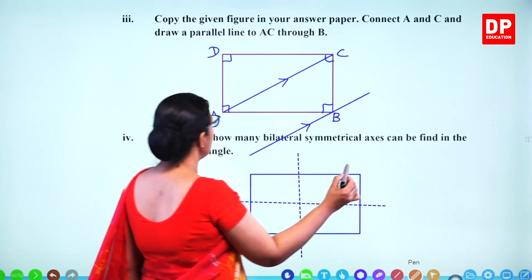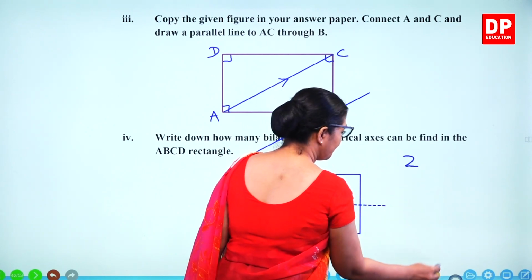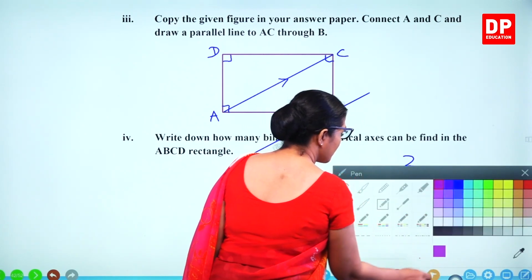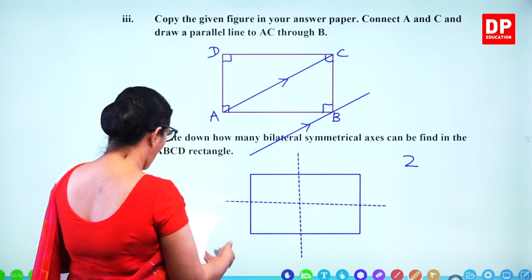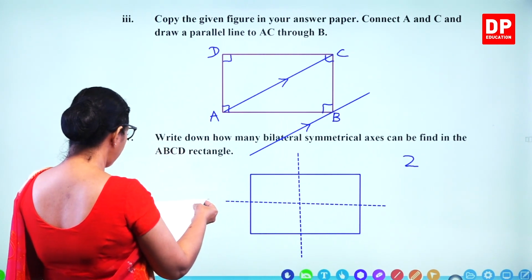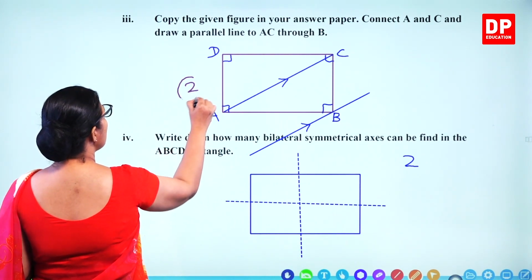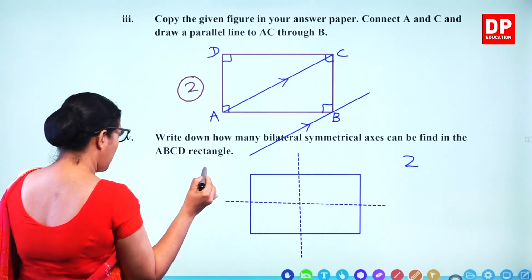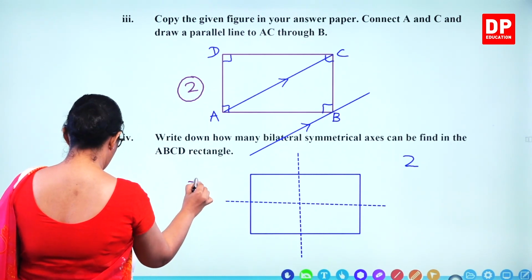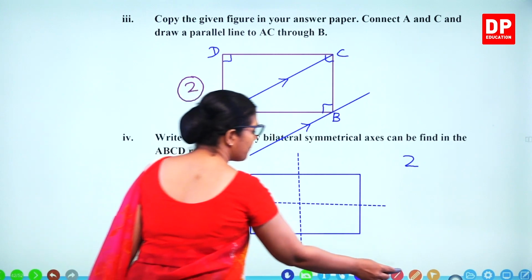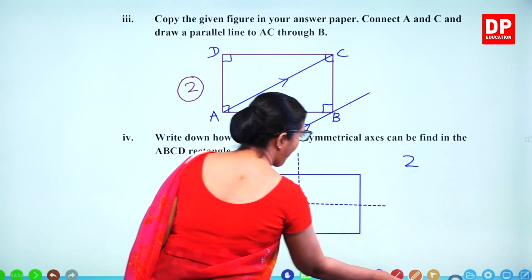So you get 2. So how many marks? You are getting 2 marks for this and 2 marks for this part as well. So we get another part.